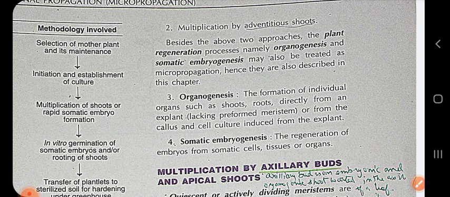Then these embryos are taken out and coated with sodium alginate and calcium chloride solution to make a polymer encapsulated around the embryo, and that is the artificial seed. These seeds can be treated as normal seeds for production of plants in in vivo conditions. We will also go through organogenesis and somatic embryogenesis later on.